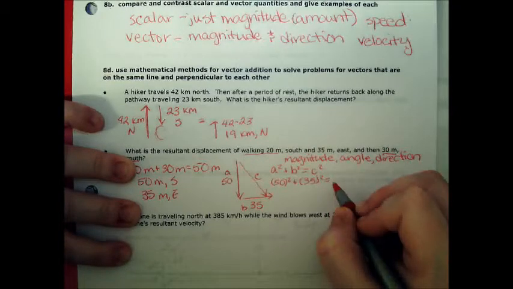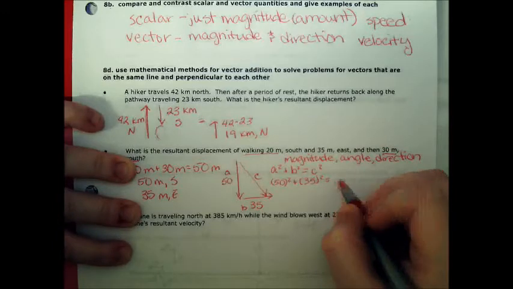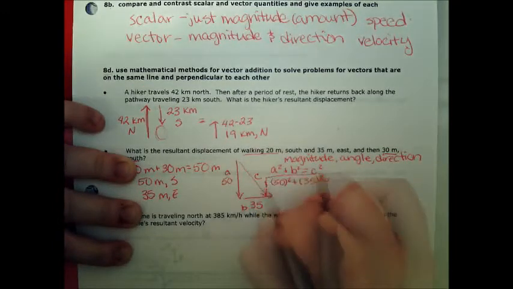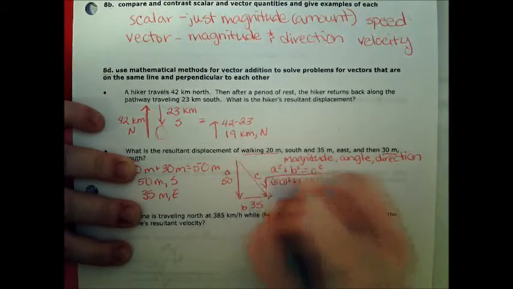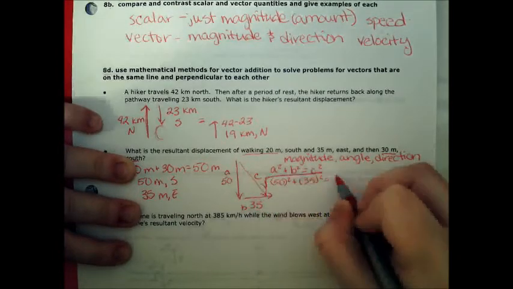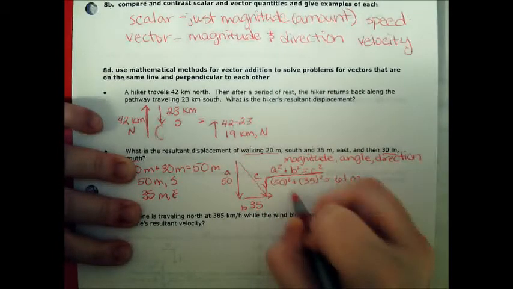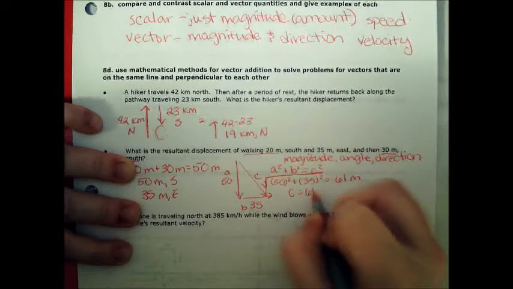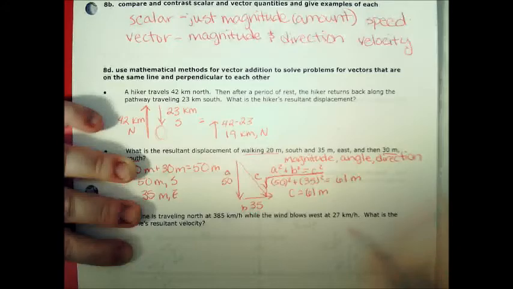I don't have my calculator. I know that the final answer, I'm sorry guys, when you take the square root of this is 61 meters. So you have C equals 61 meters.